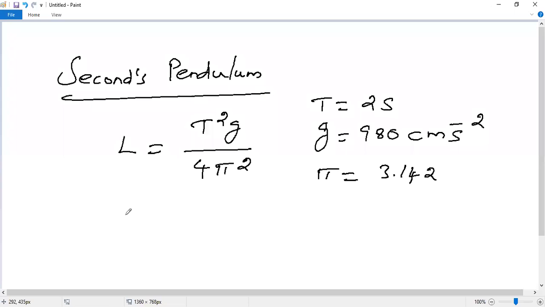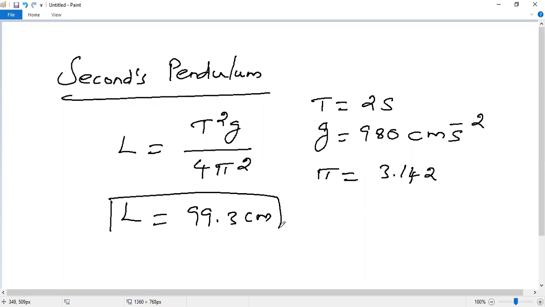Just applying the values, you will get L equal to 99.3 centimeter. For the practical, you are taking L equal to 99.3 centimeter, so definitely you will get one second for each swing, 2 seconds for a complete period.